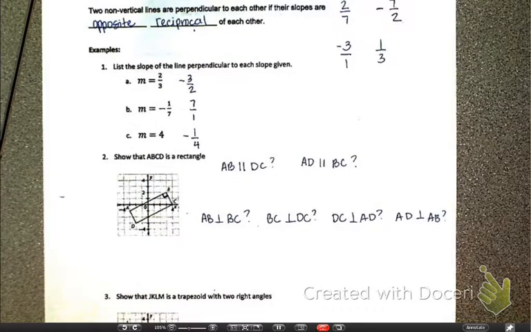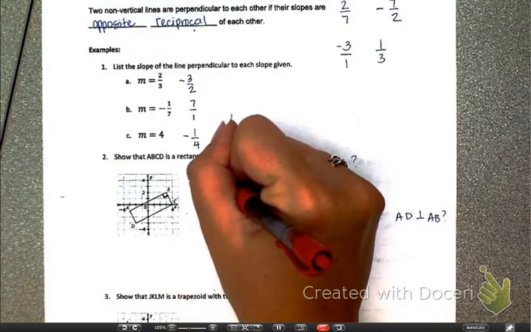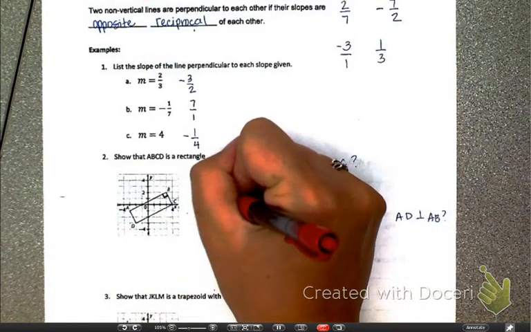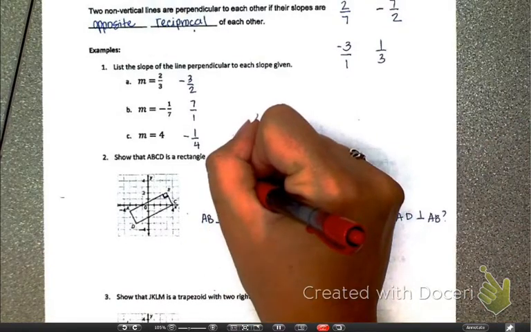All right, Adrian, can you tell me the slope of AB? What is the slope of AB? The slope is rise 3, run 6. Okay, does that reduce at all? Yeah, it reduces to 1/2. Perfect.